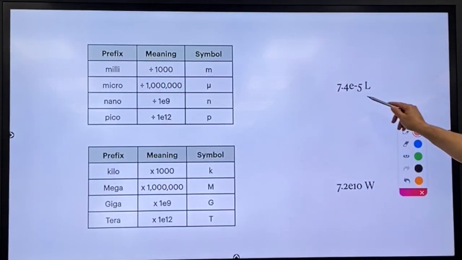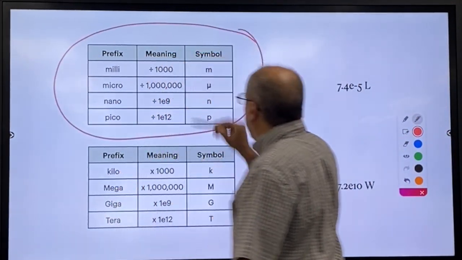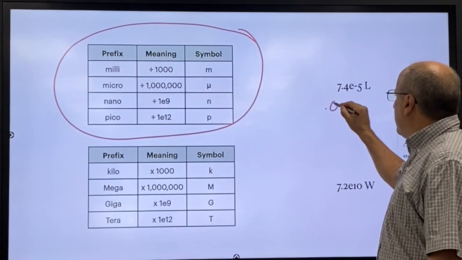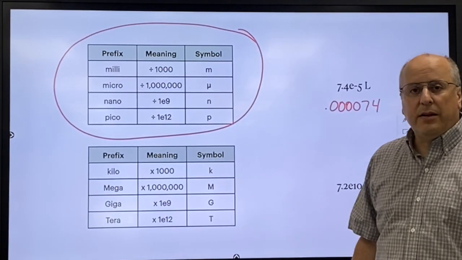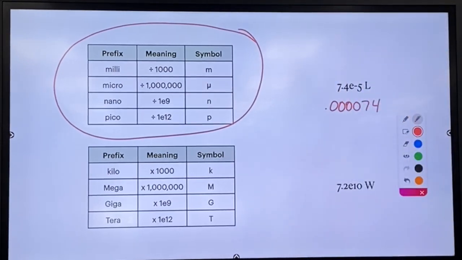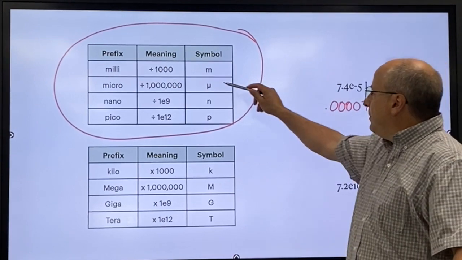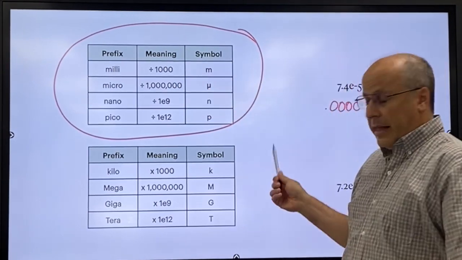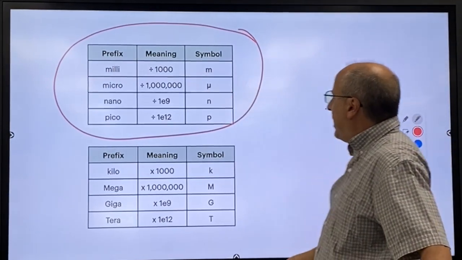So here we have 7.4 e to the negative 5th. We know it's a small number, e to the negative 5th. If you'd like, you can write it out, or you can just work with it using the E notation. Either way, we want to write the metric prefix, so we can try dividing by 1,000, and that's actually not right because we're going backwards, so we should be multiplying by 1,000.